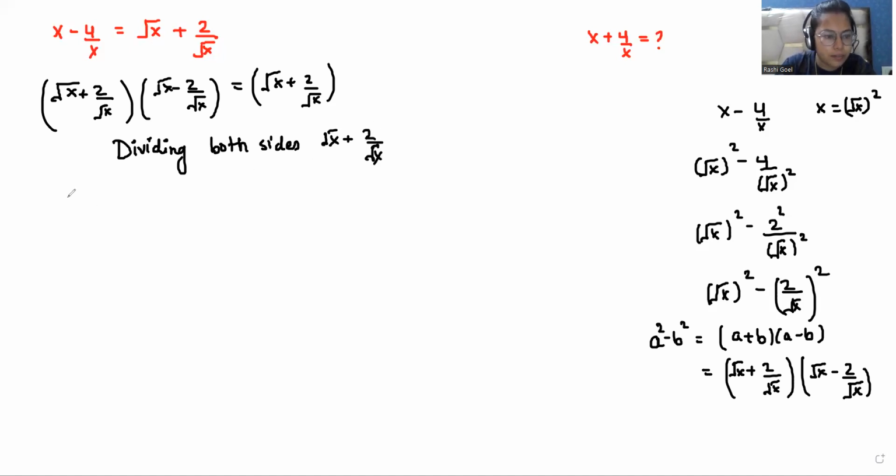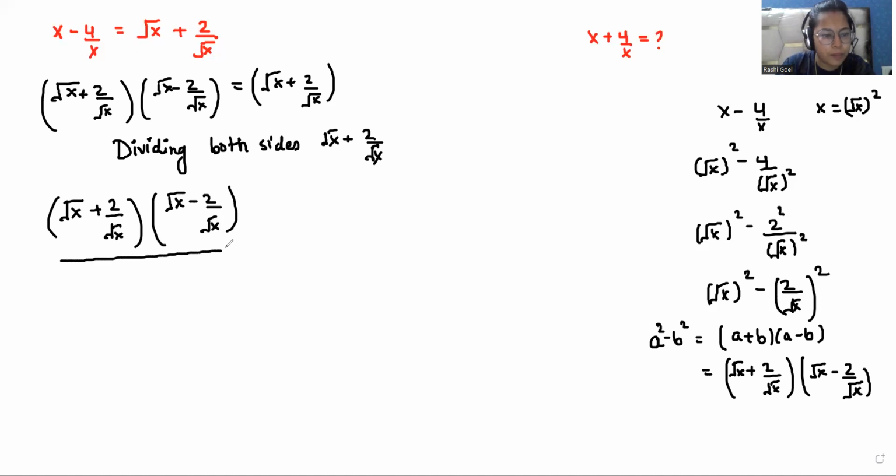So it looks like under root of x minus 2 over under root of x on the left, and on the right hand side also under root of x plus 2 over under root of x divided by under root of x plus 2 over under root of x.